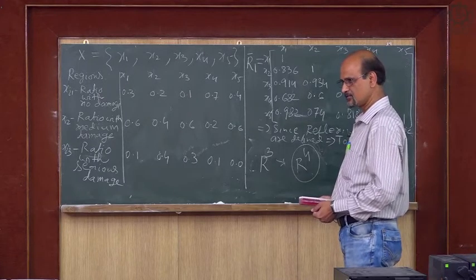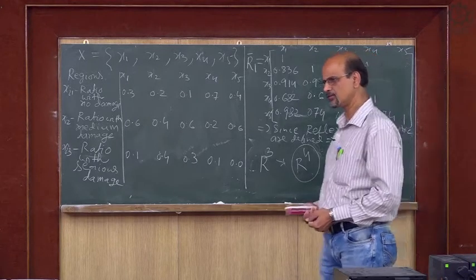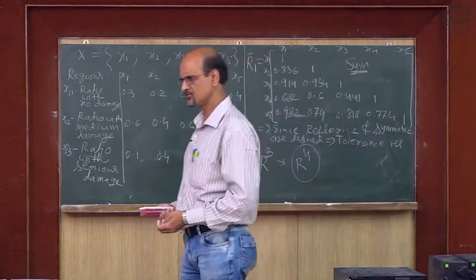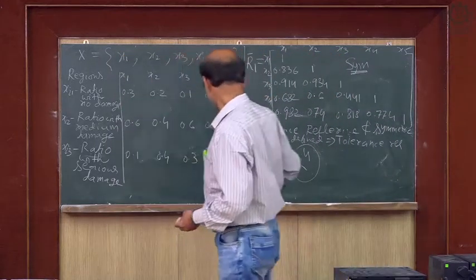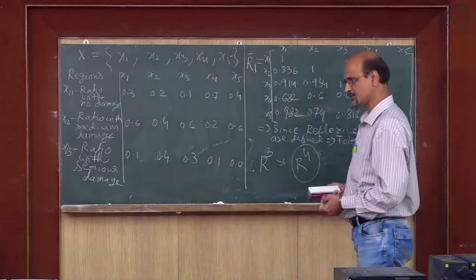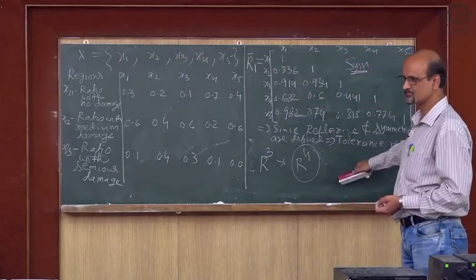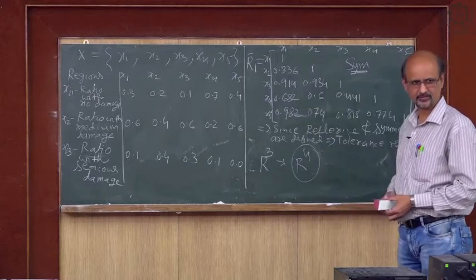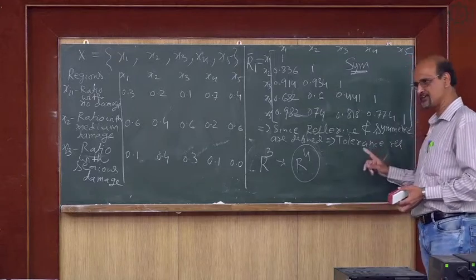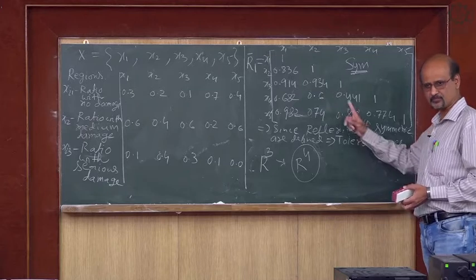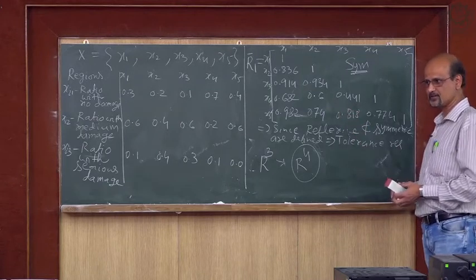Is there any other significance? No, not any other. Practically no. And that means it should not be R3. Okay? So, you check that, okay, where the transitivity property is satisfied.